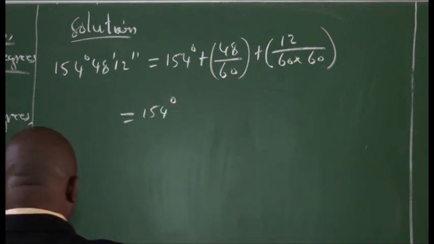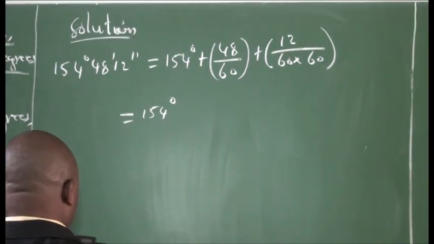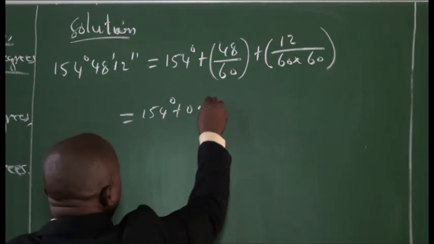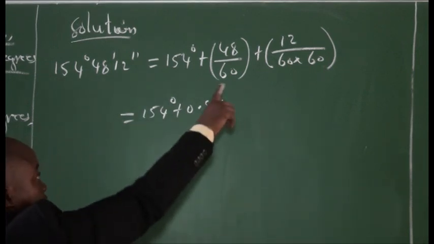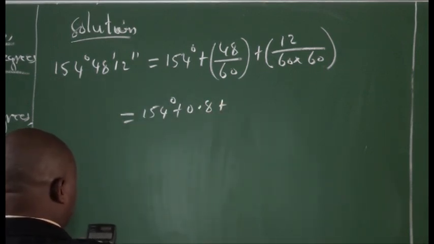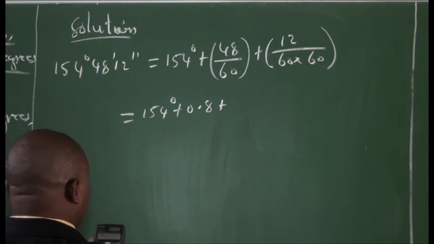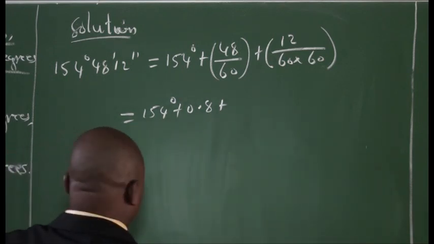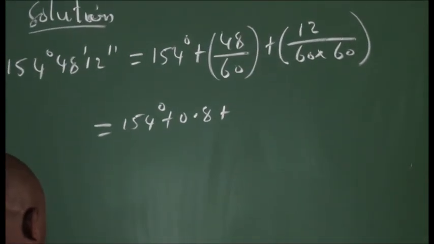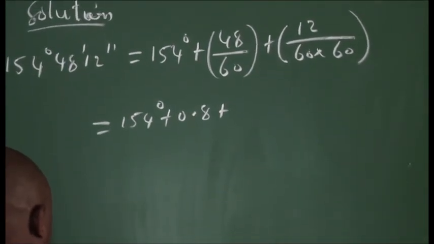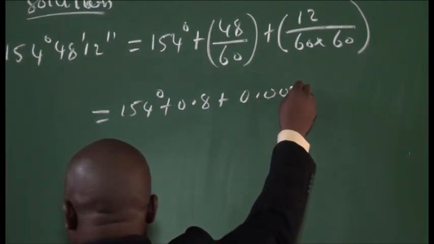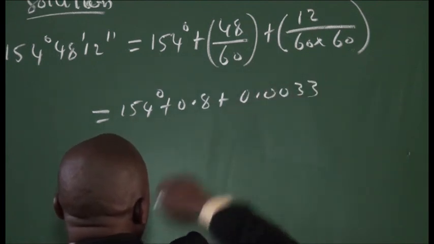And that gives us 154. Then 48 divided by 60 gives us 0.8. Then we know that 60 times 60 is 3,600, so this will be 12 divided by 3,600. That will give us about 0.0033.